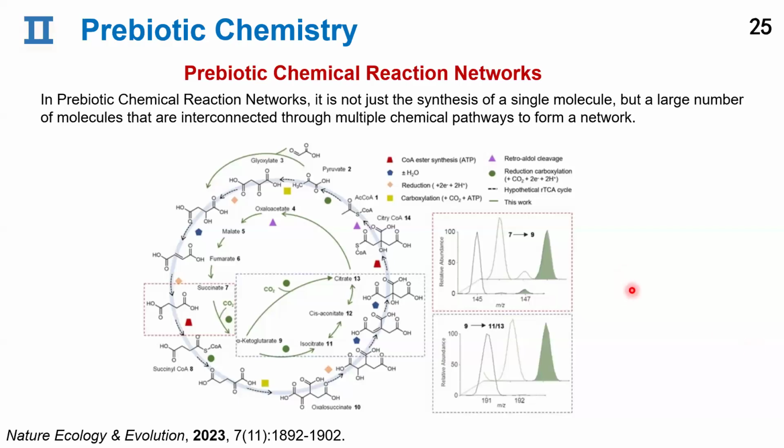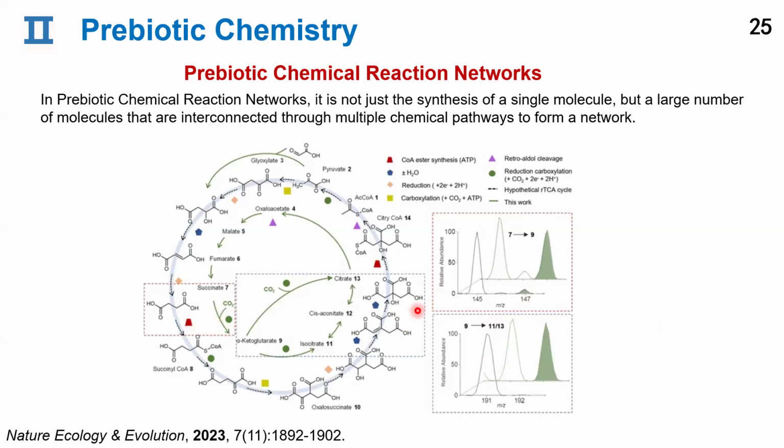So, prebiotic chemical reaction networks are very important to the formation of biological systems. This brings us to the concept of prebiotic chemical reaction networks found in the early Earth. Rather than focusing on the synthesis of a single compound, scientists are now exploring how large numbers of molecules could have formed and interacted under prebiotic conditions.